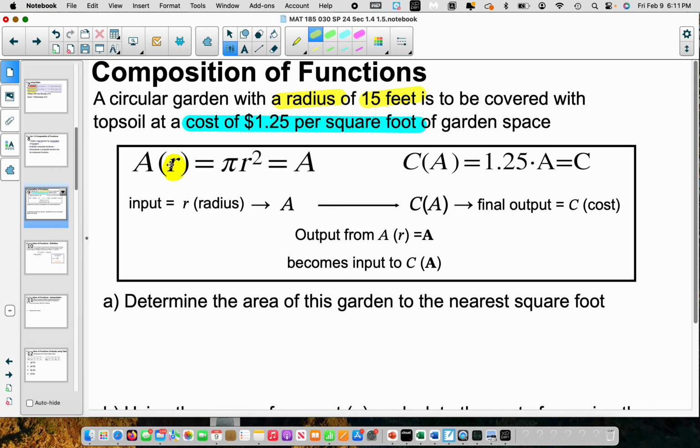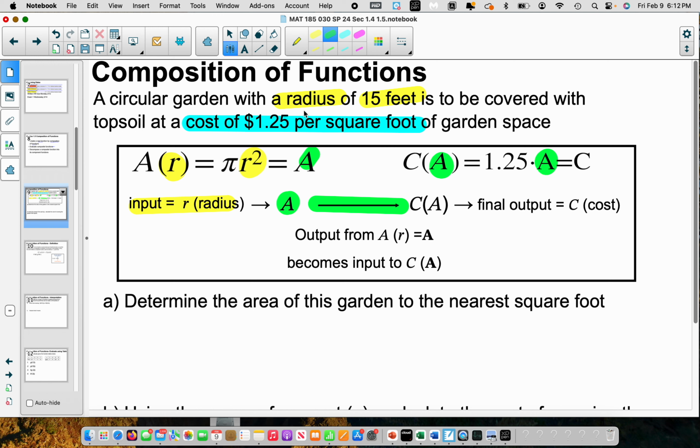So we know that if we input radius, pi r squared is equal to area. So if I input radius, I get an output of area. Then if I want to figure out how much it costs, I'm going to take that area and input it into my cost function.